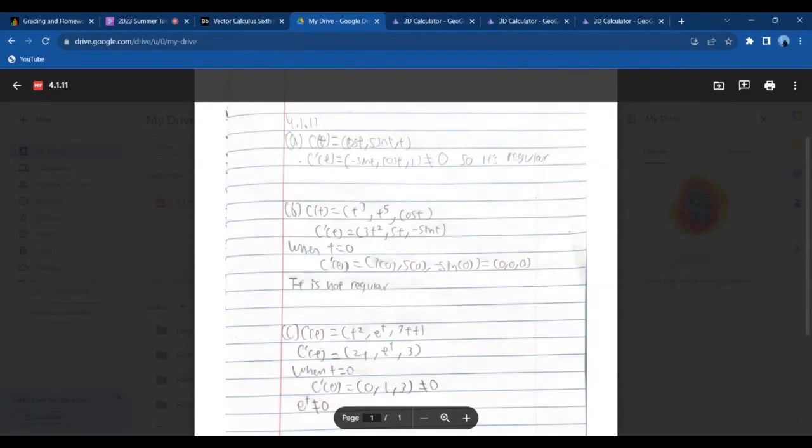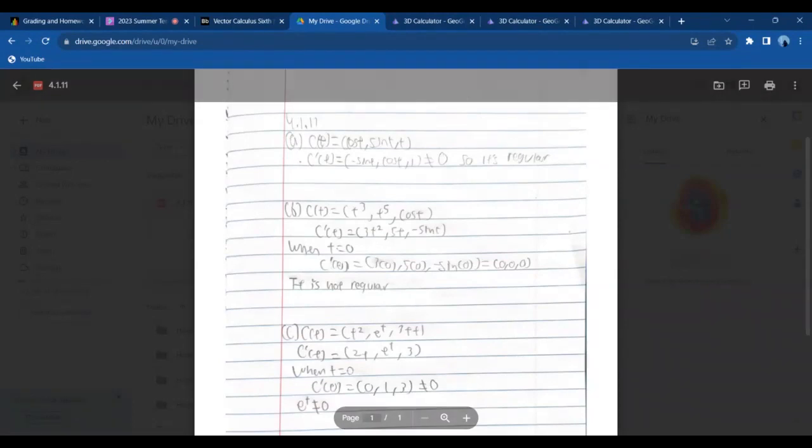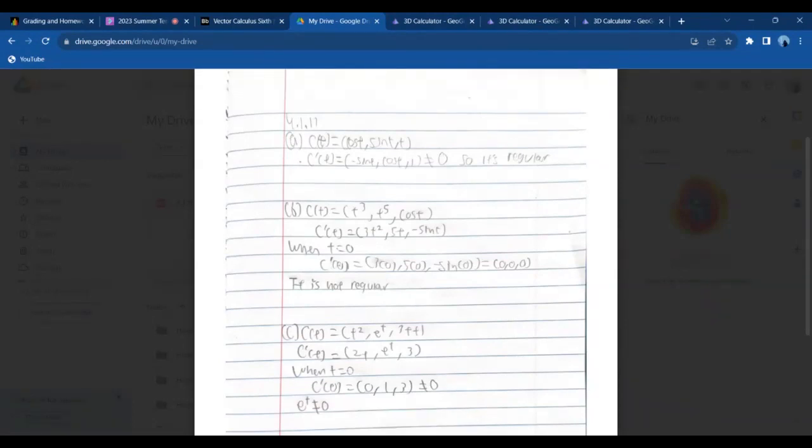So what a regular path is defined as is whenever we take the tangent vector of, let's say, c of t, if the derivative of c of t is never equal to 0, or the null vector, it is a regular path.